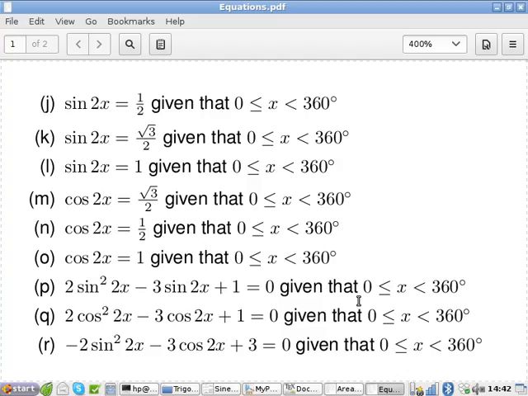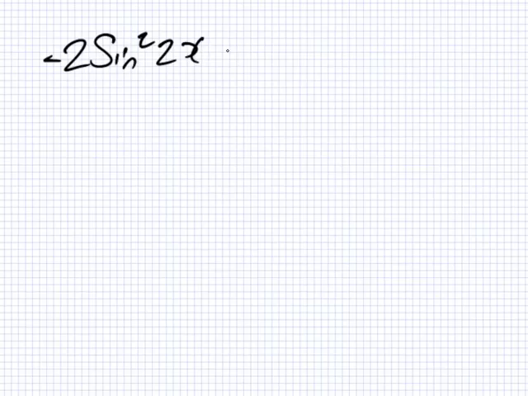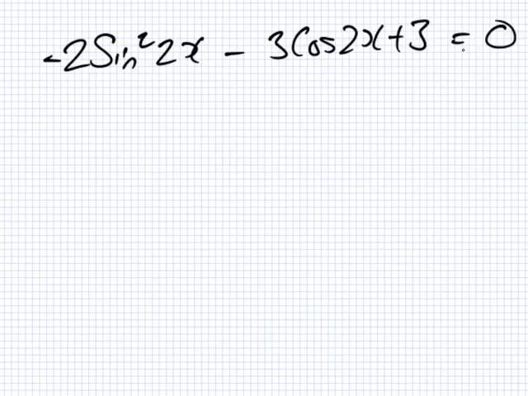Okay, let's have a look at it. What's the equation, please? Minus 2x. Now, why is this not a quadratic?